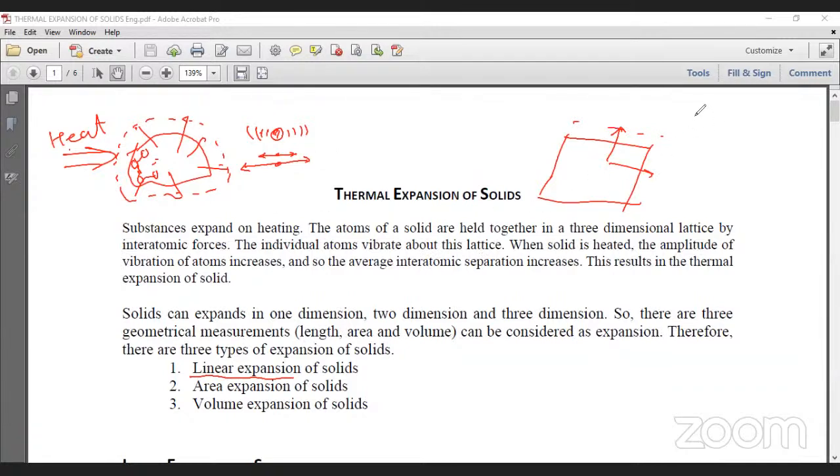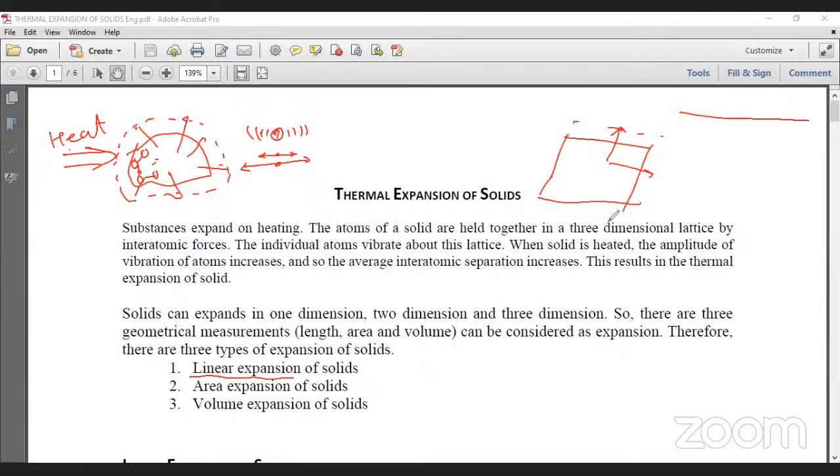But if you consider a string or wire, the other dimensions are negligible when we consider the expansion of this dimension towards its length. The other geometrical expansion is negligible.